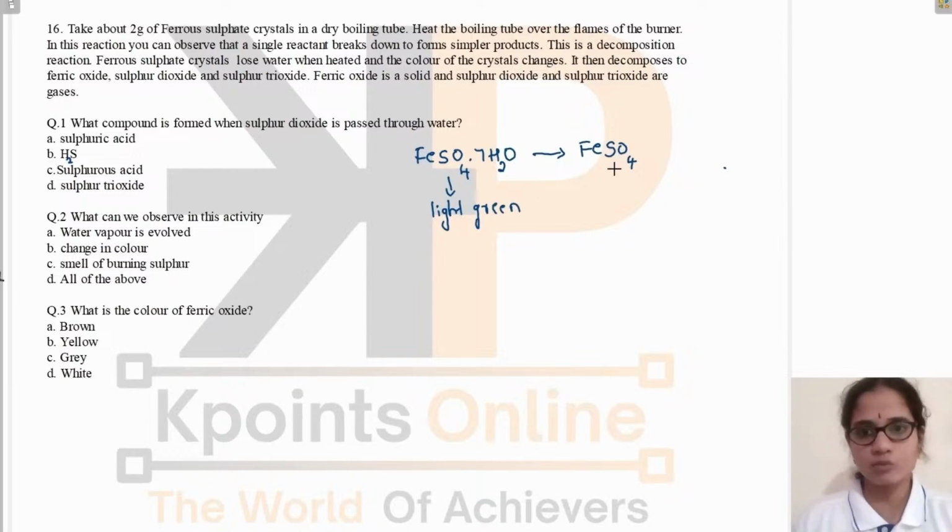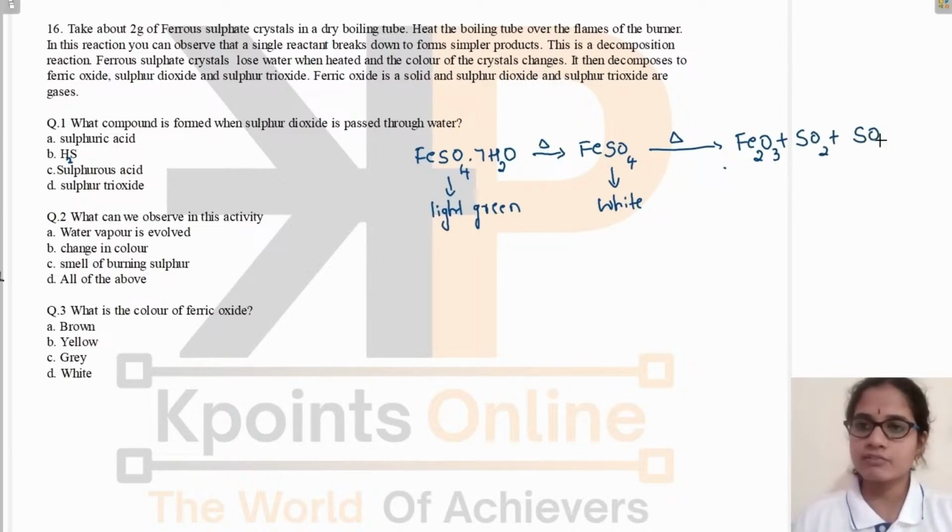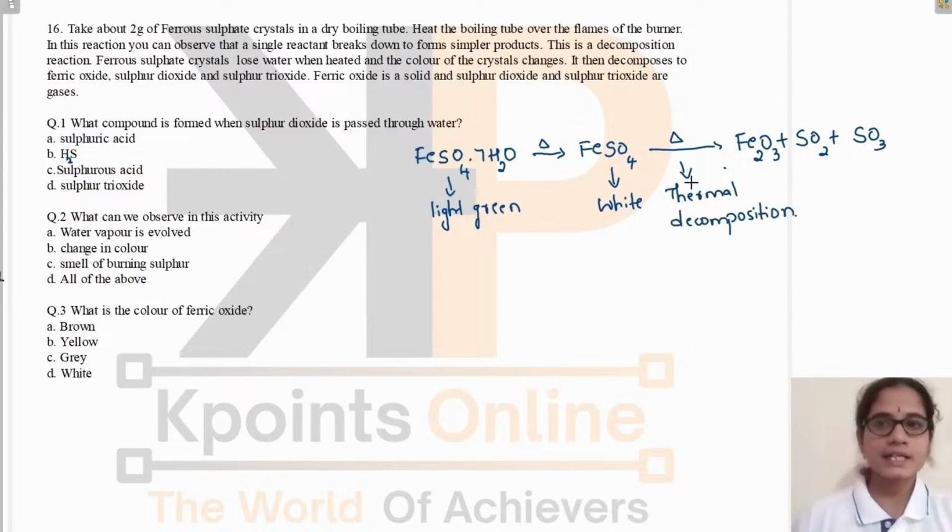Once it loses the water of crystallization, what happens? It becomes white in color. Again, when you go on heating the ferrous sulfate, what happens? It undergoes thermal decomposition reaction to form ferric oxide plus sulfur dioxide plus sulfur trioxide. It is thermal decomposition. And it is also said that these two are gases.